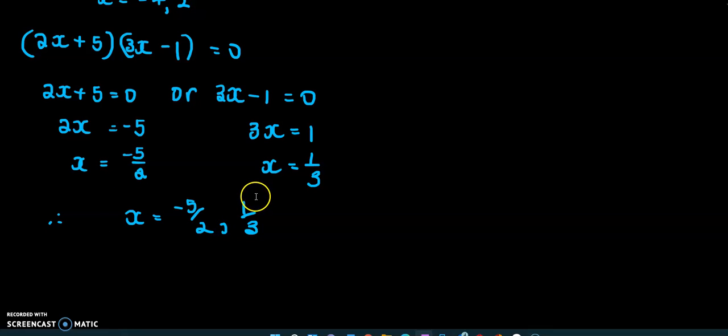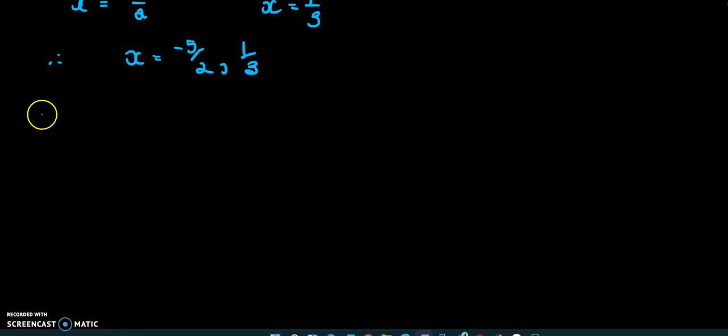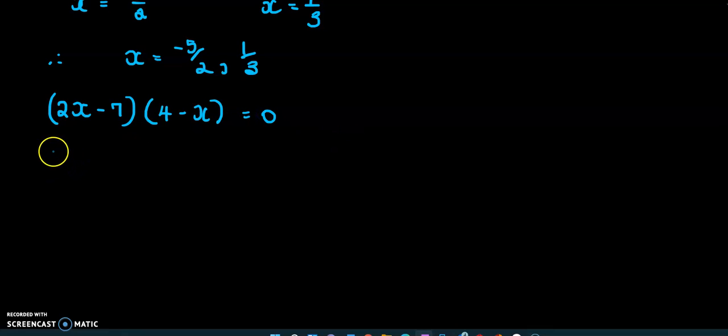And one final example for this section, let's say we have 2x minus 7 into 4 minus x is equal to 0. So it will be either 2x minus 7 is 0 or 4 minus x is equal to 0.